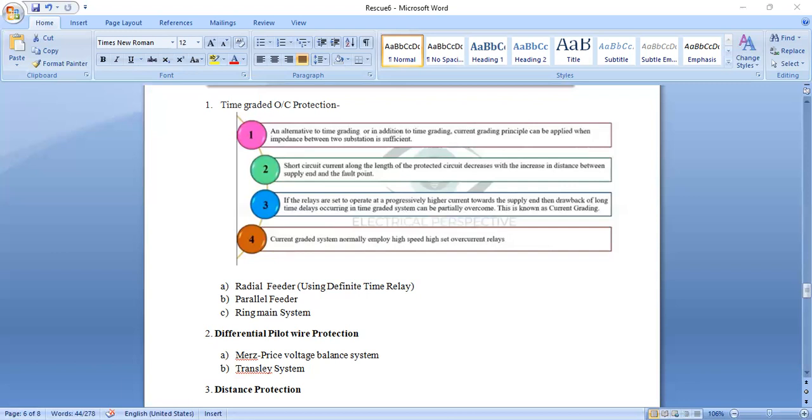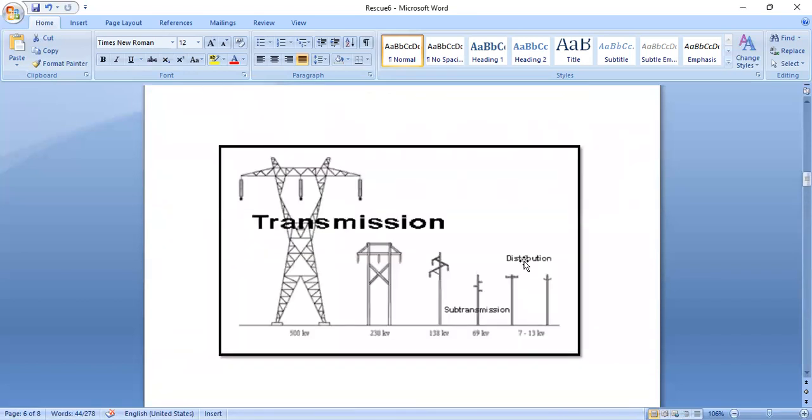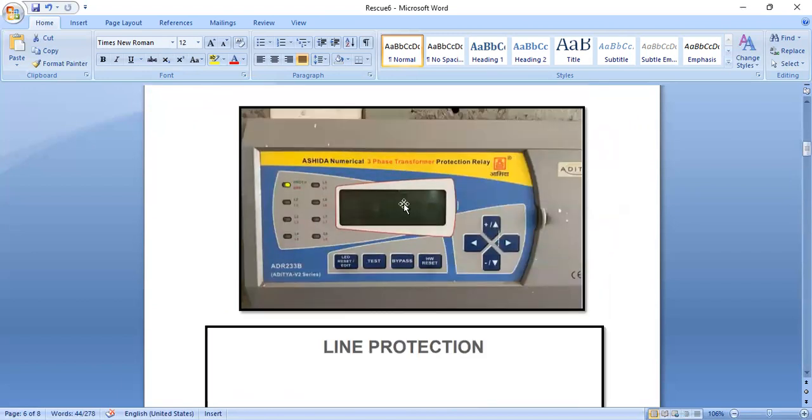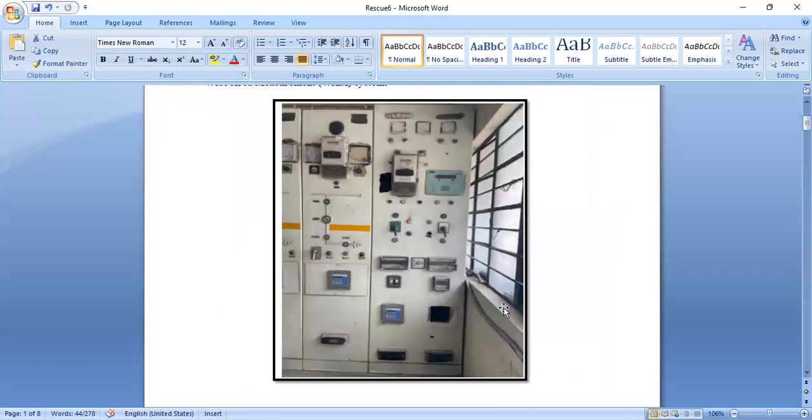In the transformer, you have already seen in the substation, such a differential protection can be used for the transformer. Such a type of panel is there. This is a 22 by 11 kV substation.